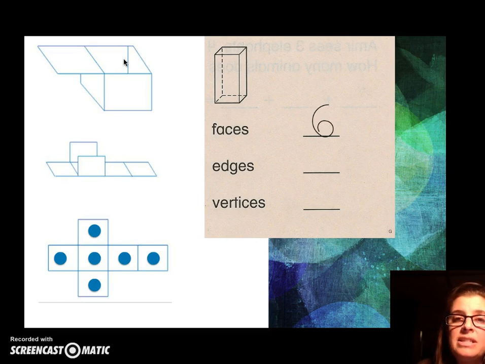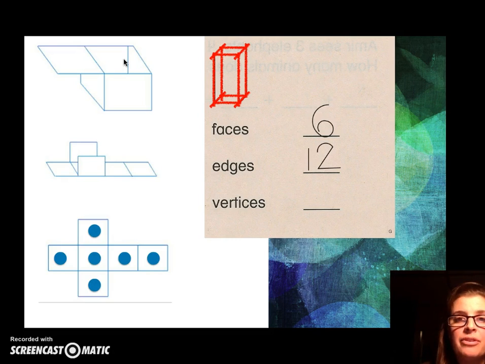All right, edges are a little bit easier. Edges are the straight lines that make up your prism. So you have 1, 2, 3, 4, 5, 6, 7, 8, 9, 10, 11, 12 edges on the prism.